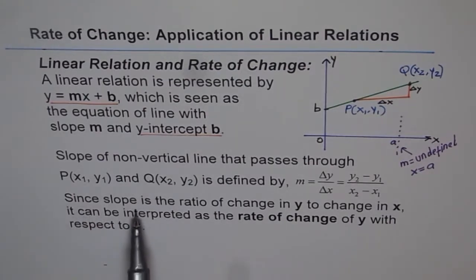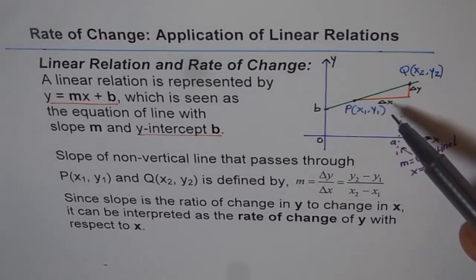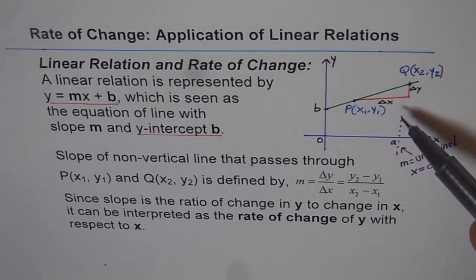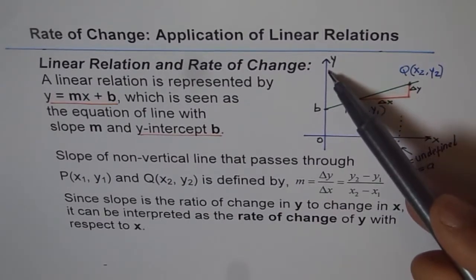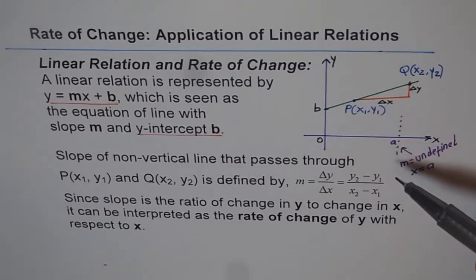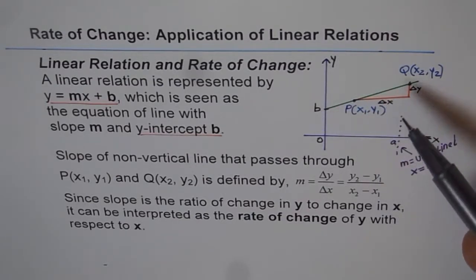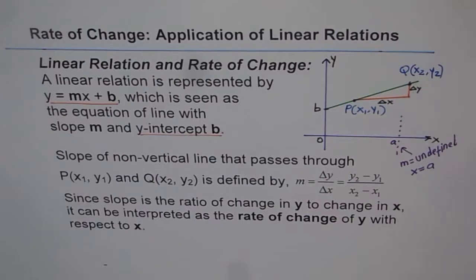Since slope is the ratio of change in y to the change in x, it can be interpreted as the rate of change of y with respect to x. So slope is rate of change. Whenever you have a linear relation, in that case, slope is rate of change.